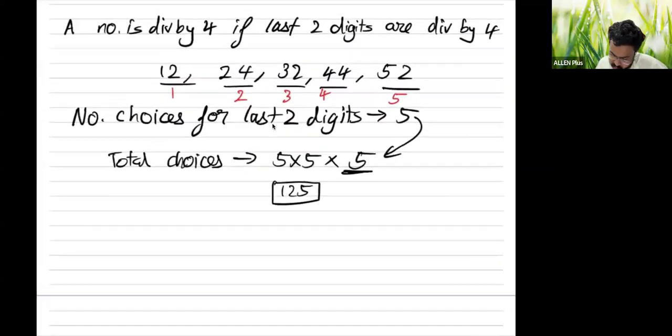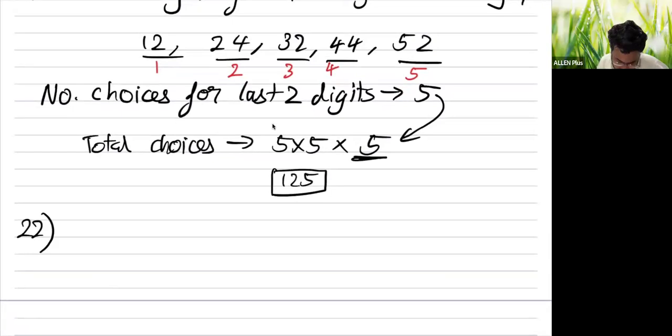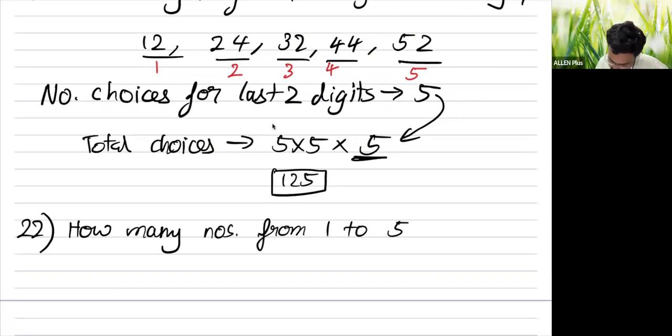Now try question 22. That is, how many numbers from 1 to 567 are divisible by 3?